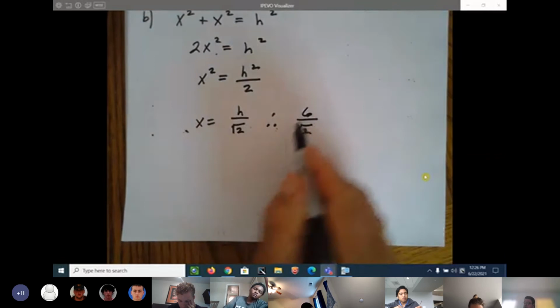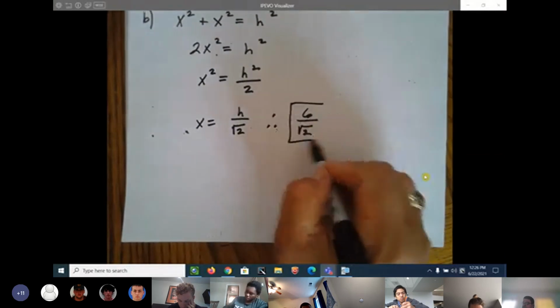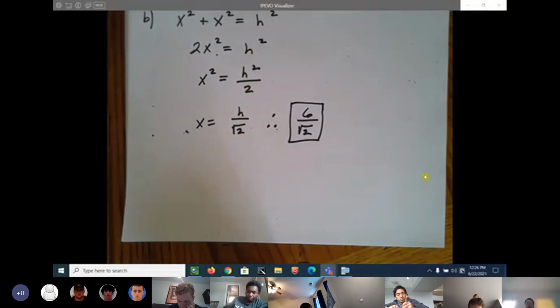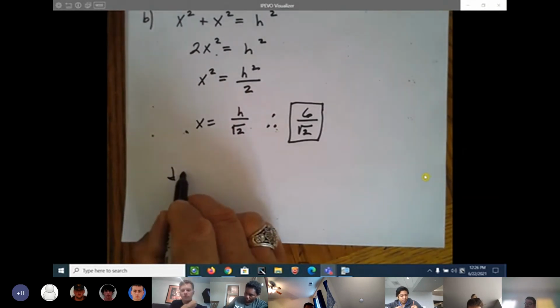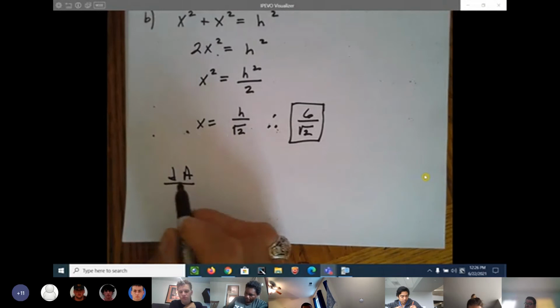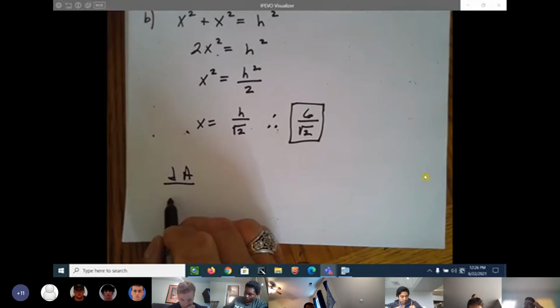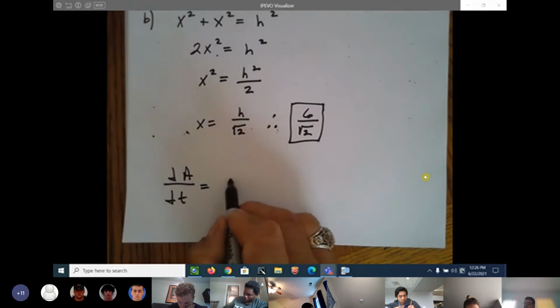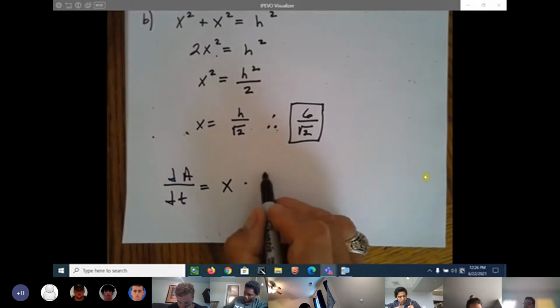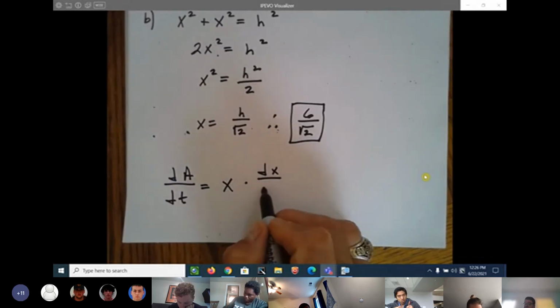So x is equal, for the hypotenuse of 6, to 6 over the square root of 2. So now I pull up my formula: the rate of change of the area with respect to time is equal to x times dx dt.